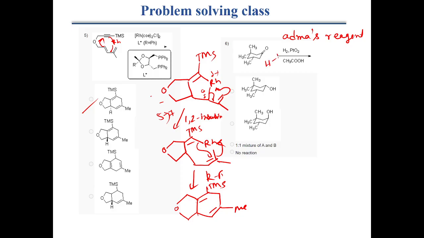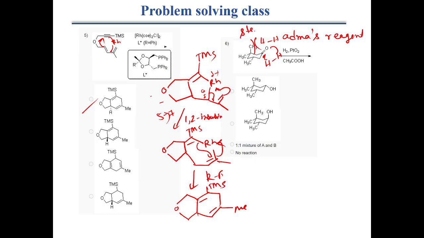This goes this way. So there are two possibilities. Does the alcohol go onto the axial orientation or the equatorial orientation? If this is the methyl, then the hydrogen could come from the axial position, the upside. So there is a steric hindrance possible. But if it comes from the downside, the equatorial orientation, there is no steric hindrance.